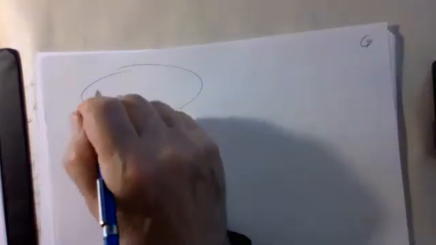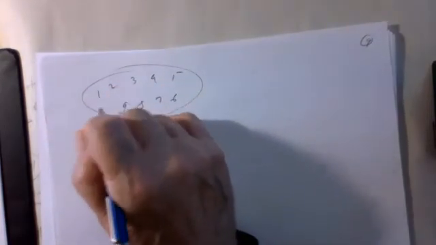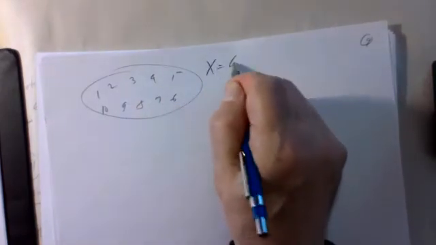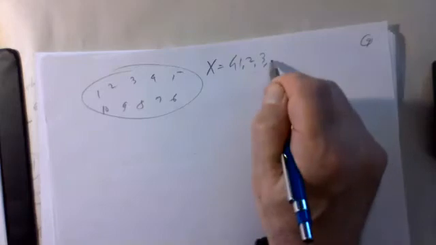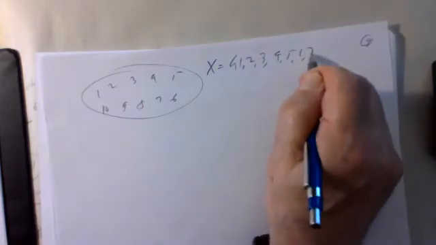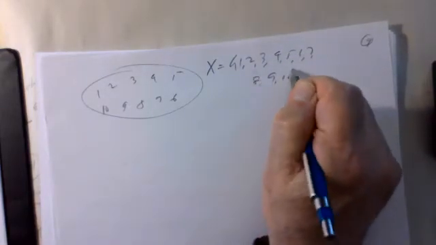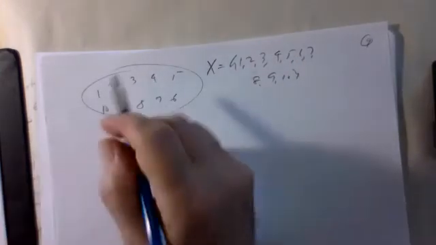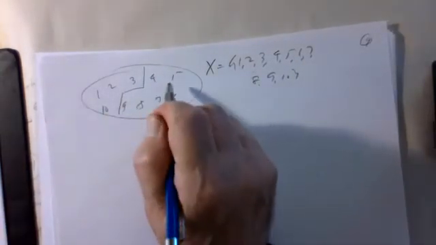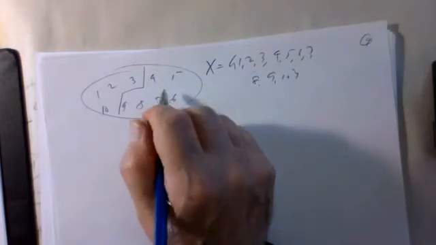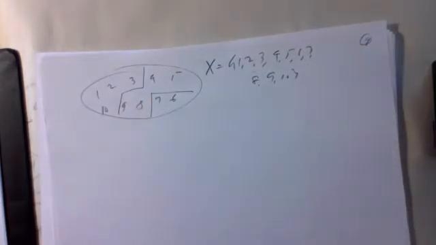So suppose you have some set that consists of just the numbers 1 through 10. And let's say we divide it up into pieces like this.